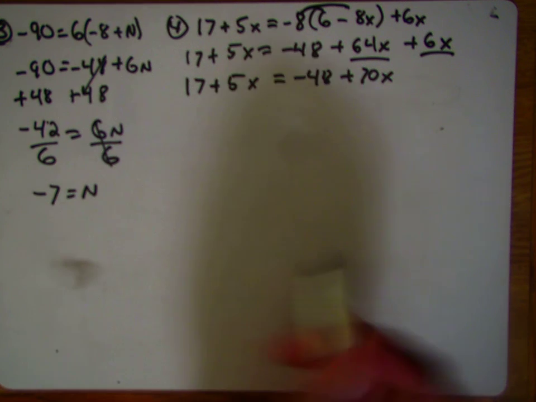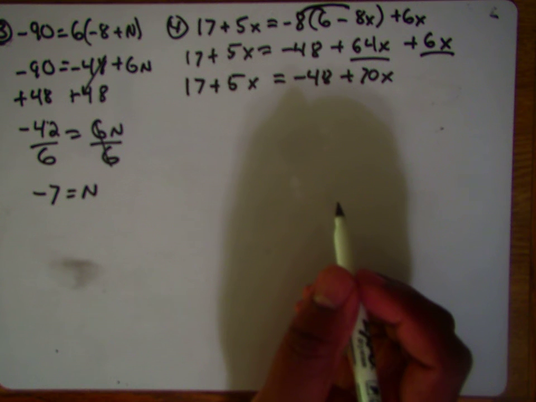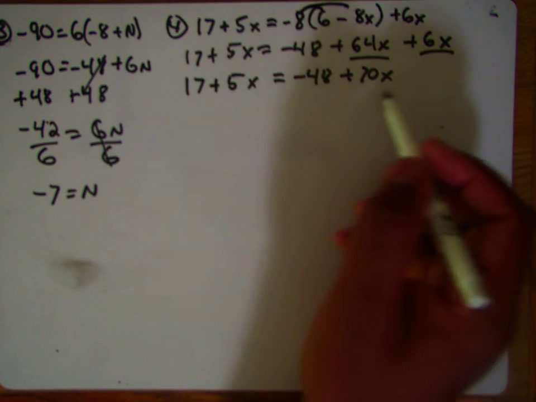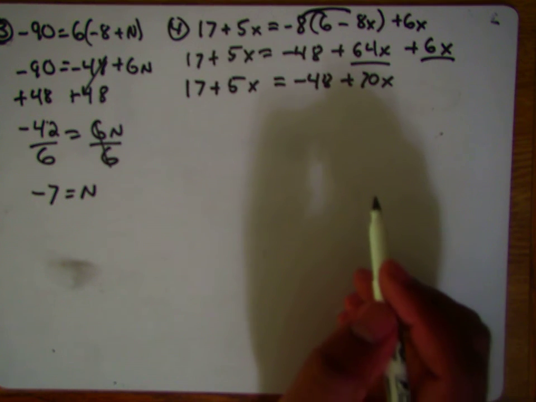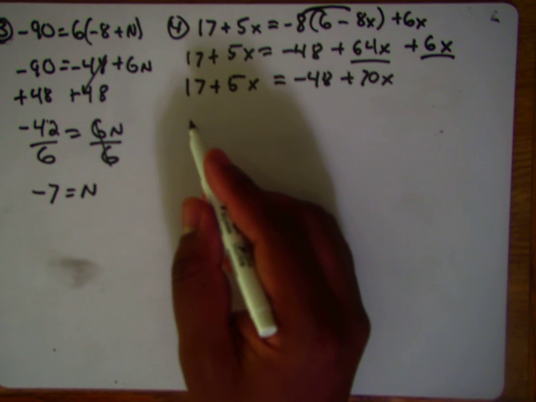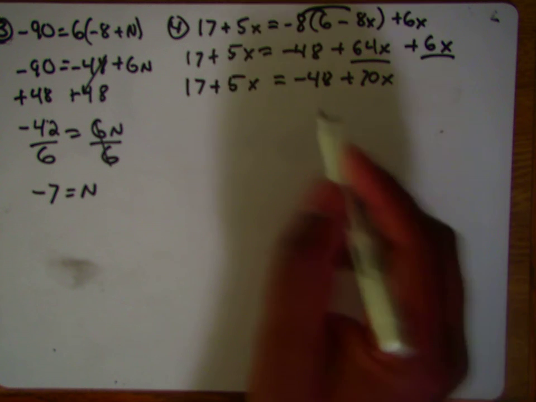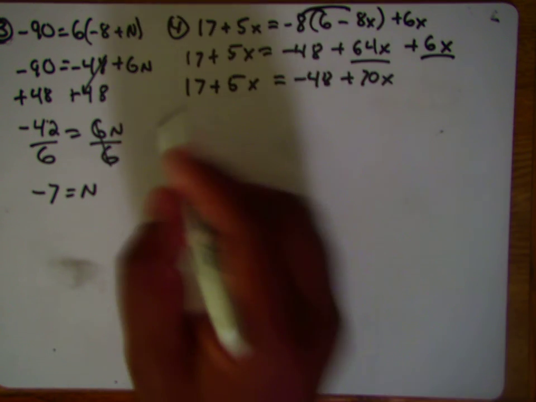Okay, here, different than the other problems we've been working, you've got x's on both sides of the equation. It doesn't matter where you start, but if you start on your left side, the next thing you do is going to be on your right. And if you start on your right side, the next thing you're going to do will be on your left.